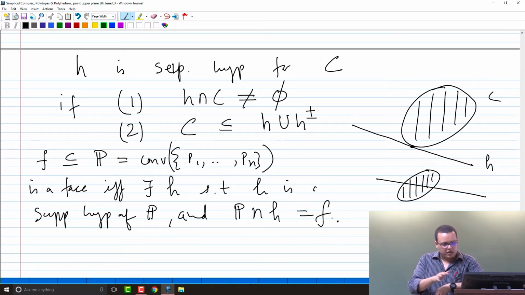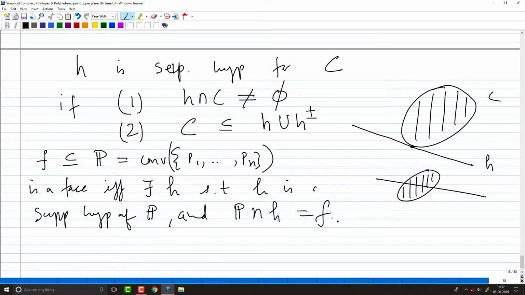But can we do it in this way? You can do it this way, and you can verify this. The easiest case to check is the triangle. You can generate all the faces by intersecting with supporting hyperplanes. You can do it for higher dimensions also.